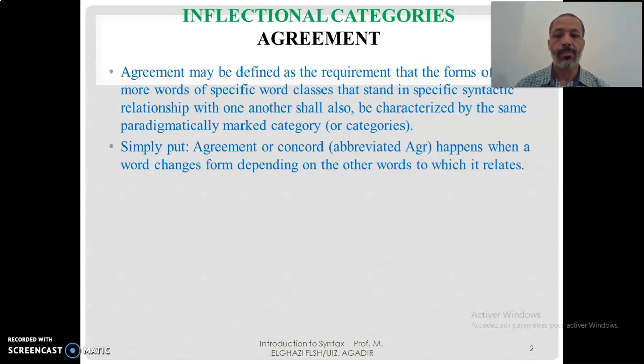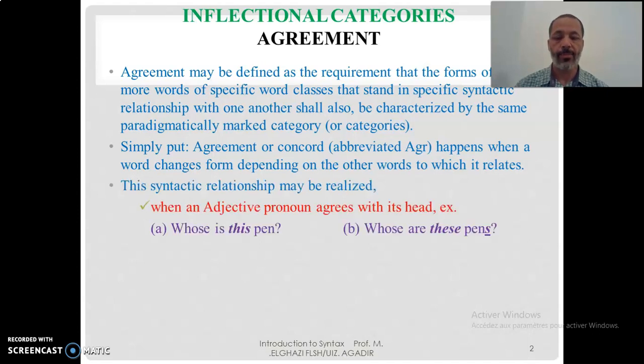Simply put, agreement or concord, abbreviated as agr, happens when a word changes its form depending on other words to which it relates.